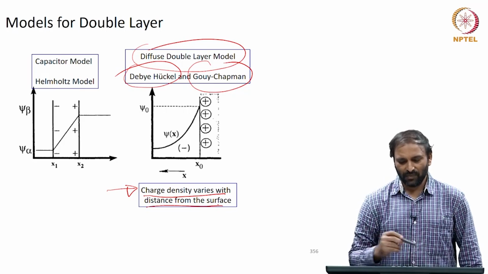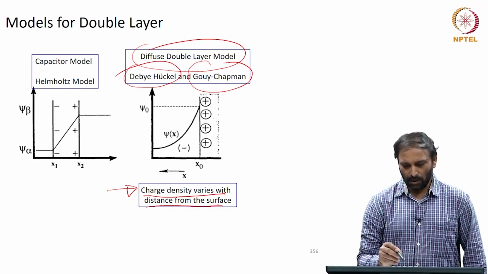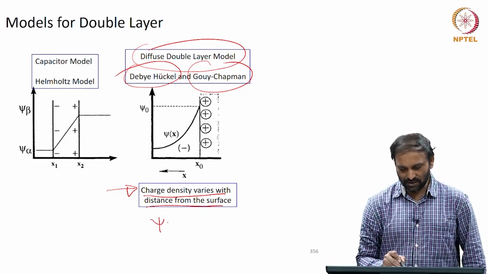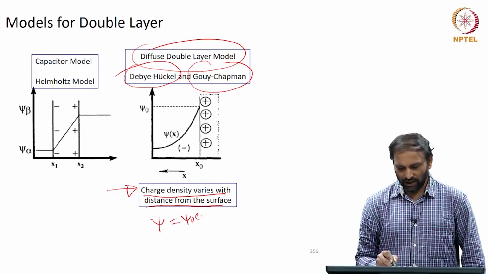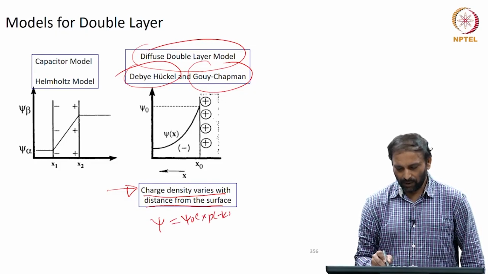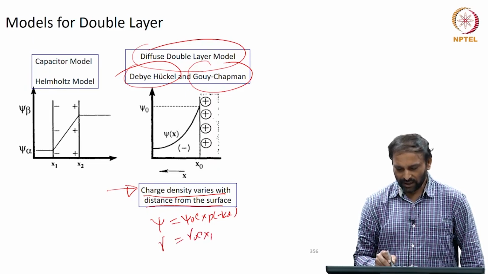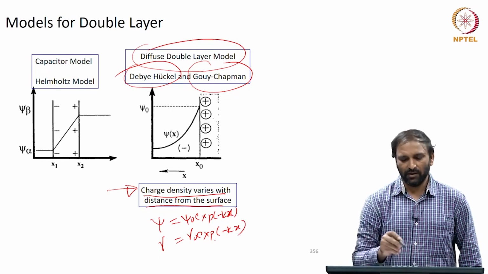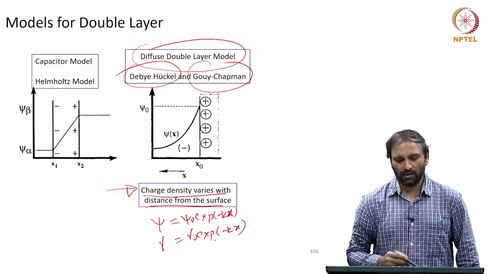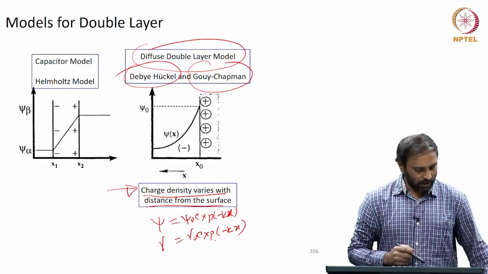So that gave us the fact that the potential psi goes as psi naught exponent minus kappa x. That is what we have derived for the two diffuse double layer models.